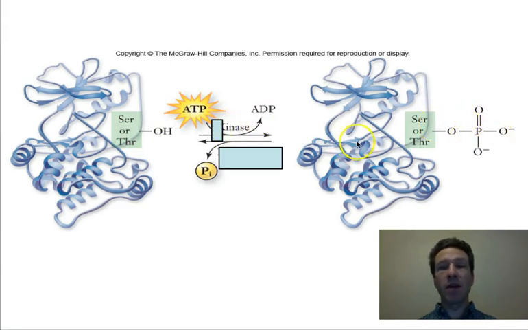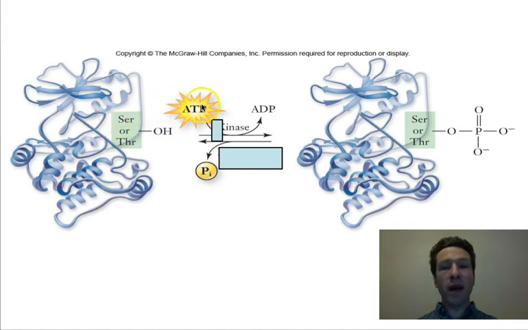If this has happened, then the enzyme or the protein has been phosphorylated. That means the enzyme that did this phosphorylation must have been a kinase. Conversely, going in the other direction, we can see that this phosphate group is removed, and so it becomes inorganic phosphate, or Pi again. If this is the case, then it must be a phosphatase that is doing so.